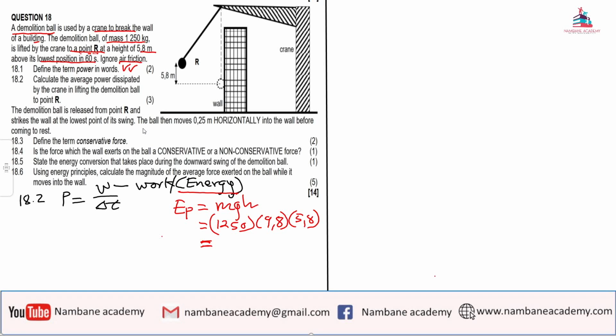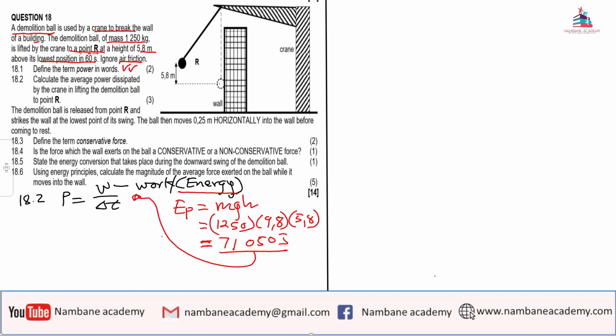So the idea here was, let's get the final answer. Let me quickly get my calculator, which is 1250 multiplied by 9.8 multiplied by 5.8, and this gives me something like 71050 joules. So this answer, I am going to substitute it there.